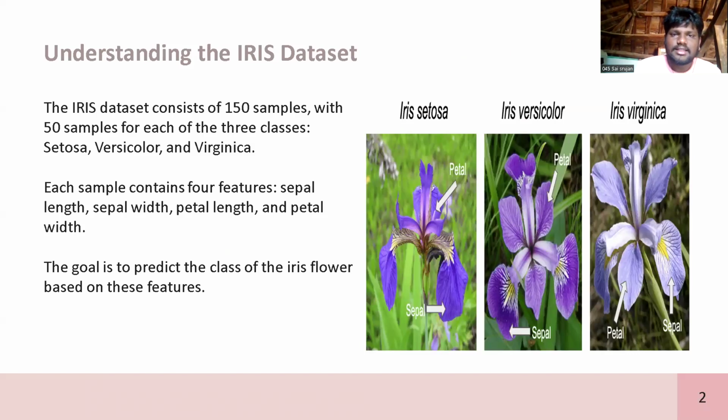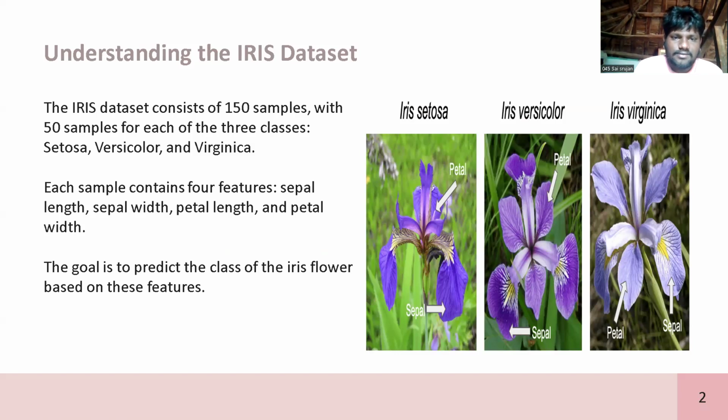To understand the iris dataset: it contains 150 samples, with 50 samples in each of the three classes. The three classes are Setosa, Versicolor, and Virginica.